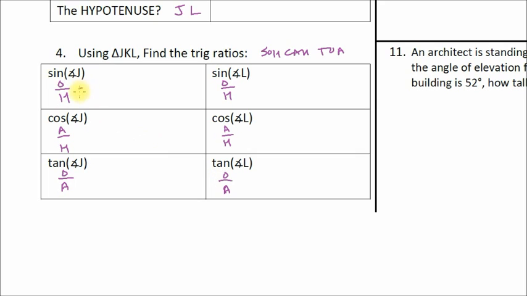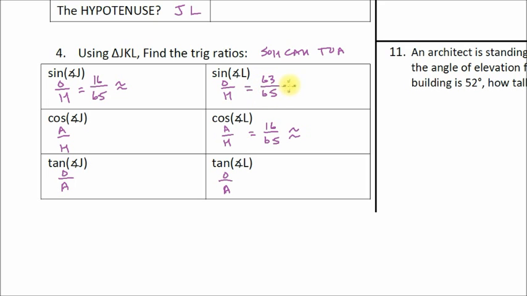And if you look at this triangle, opposite of angle J is 16, and the hypotenuse is 65. That means cosine of angle L will be the exact same thing. And then if I look at sine of angle L, opposite of angle L is 63.